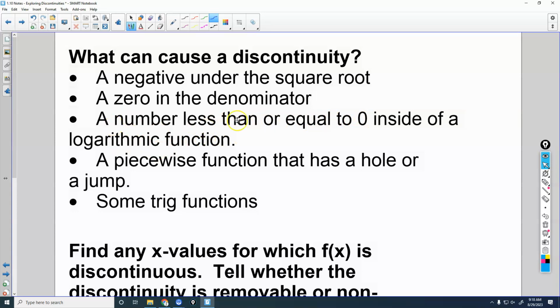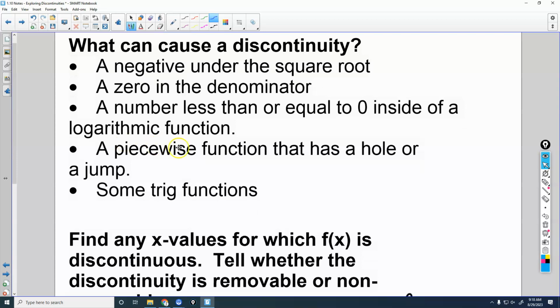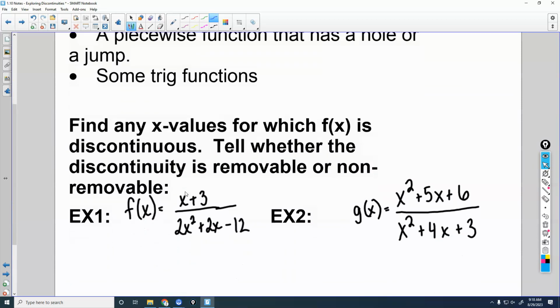That one we haven't looked at a whole lot, but you can't take a log of 0 or a negative number. A piecewise function that has a hole or a jump, and then some trig functions are also going to have asymptotes built in, like our tangent graph, which has the squiggles that go up and those asymptotes there. So those are a variety of ways that you might see discontinuities.